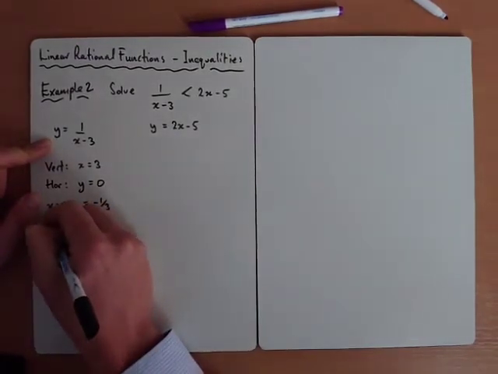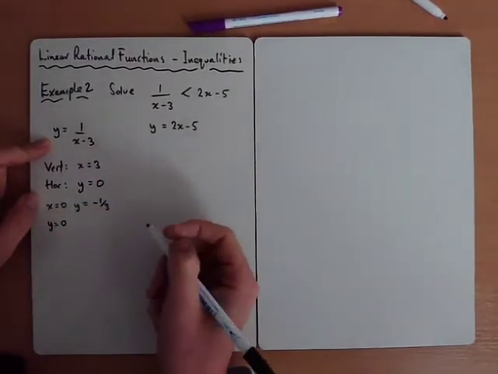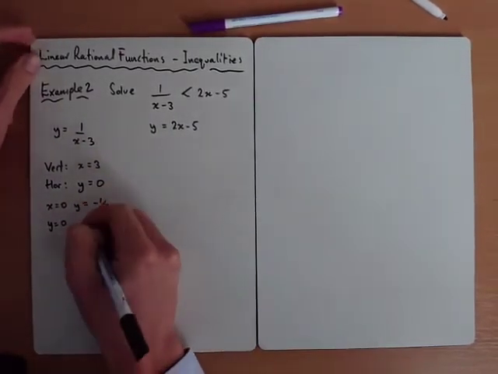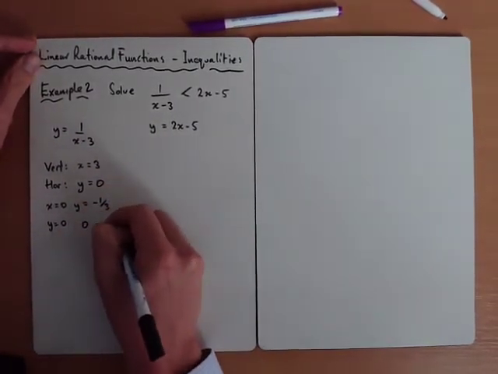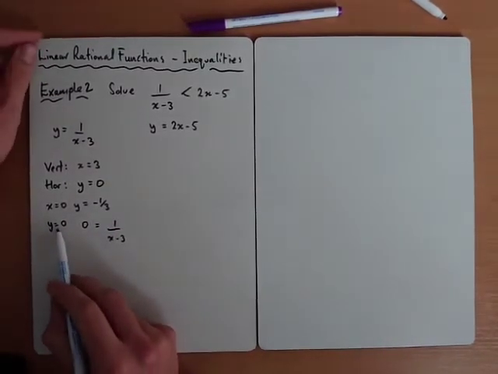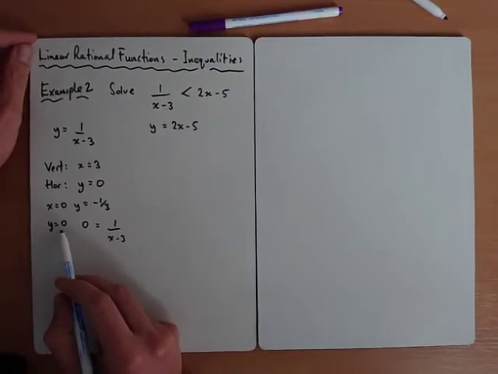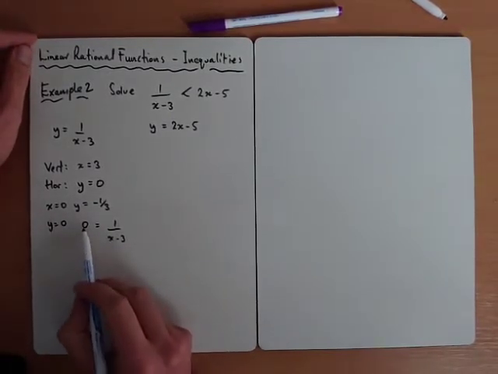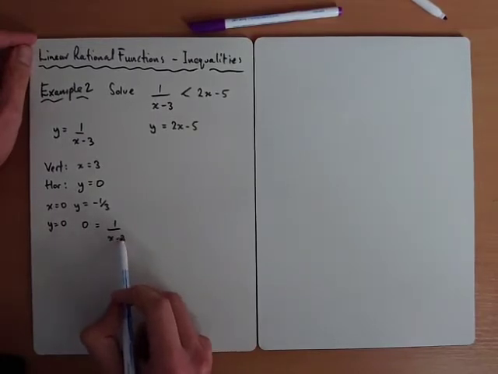And if y was equal to 0, just be careful here. This is a bit of an awkward one actually. So if y is equal to 0, look what happens. We get 0 equals 1 over x minus 3. So if you were trying to figure out when it crosses the x-axis, and you said y equals 0, and you try and rearrange this equation, so we've got a fraction equal to 0, you might not notice.